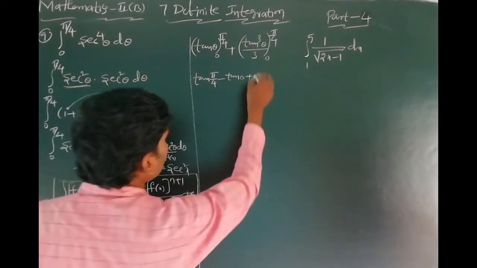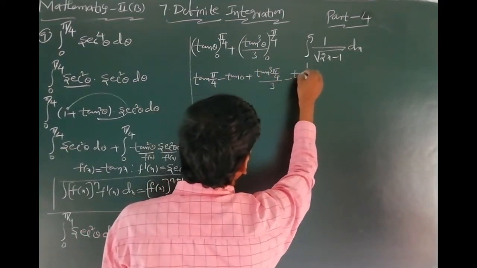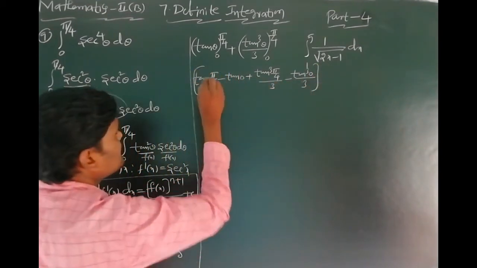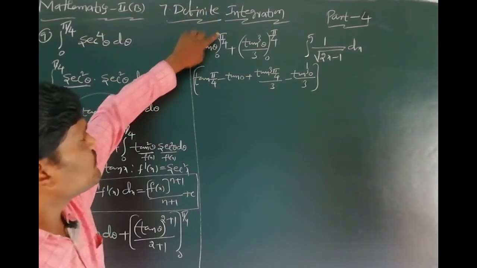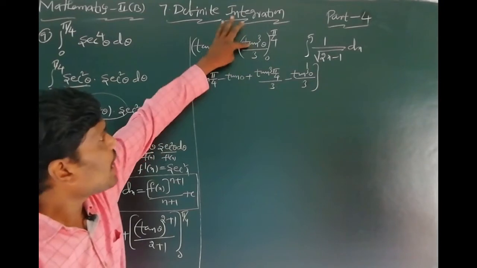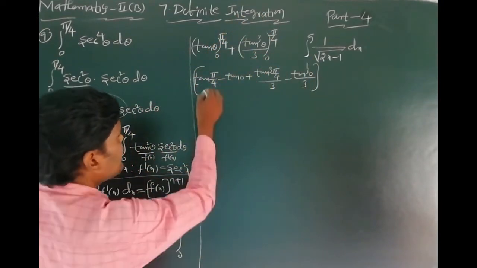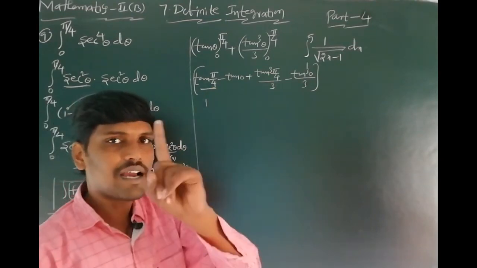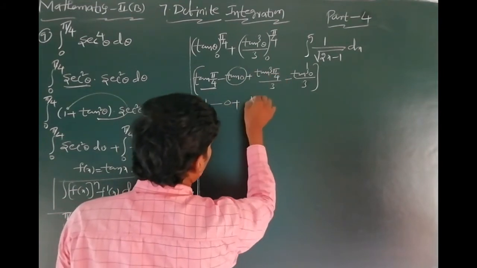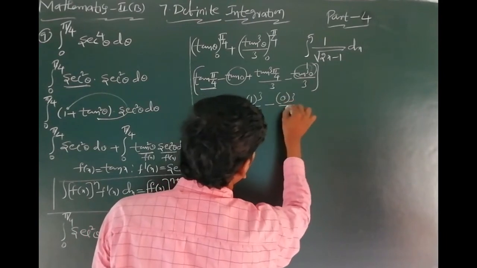Here upper limit is tan cube pi by 4 by 3 minus tan cube 0 by 3. Here these are the limits. Upper limit is pi by 4, lower limit is 0. Here tan pi by 4 is nothing but tan 45. Tan 45, how much? 1, minus tan 0 value 0, plus tan pi by 4, that is 1 cube by 3, minus tan 0 value 0 cube by 3.